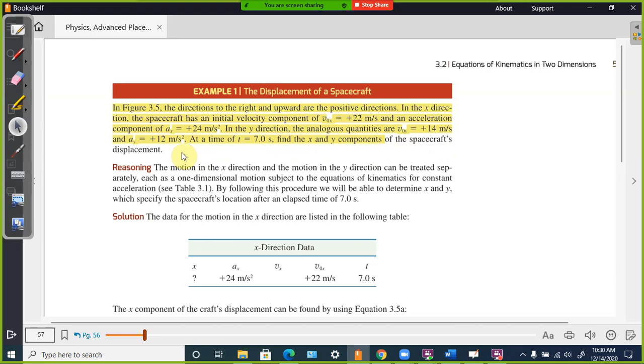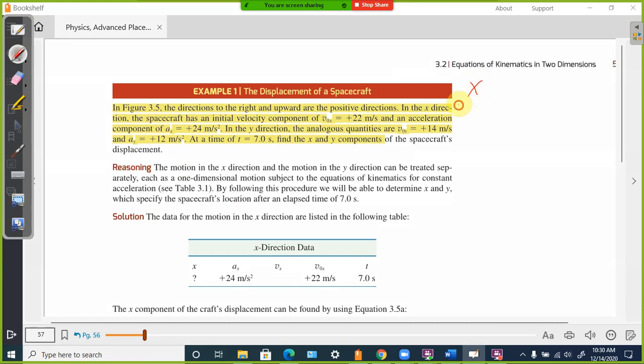So what we want to do is, just like I said, start an x column and a y column. Because what we're going to do is list out everything that we know about both my x's and my y's. So here you go. You got v0x. In other words, your initial velocity in the x direction is 22 meters per second. We also know that my ax is 24 meters per second squared.